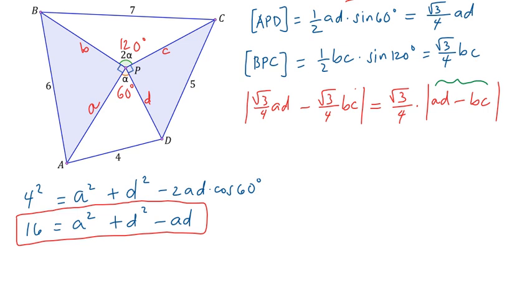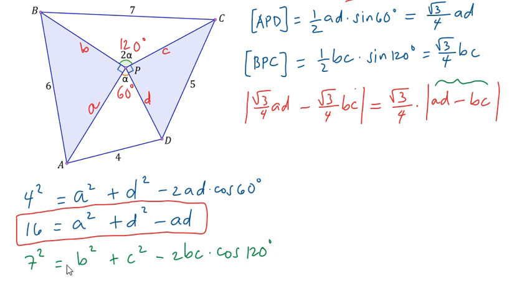Again, by the law of cosines, we have 7 squared equals b squared plus c squared minus 2bc times the cosine of 120 degrees. The cosine of 120 degrees is negative 1/2.